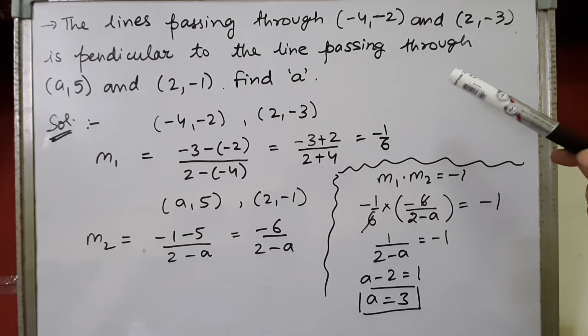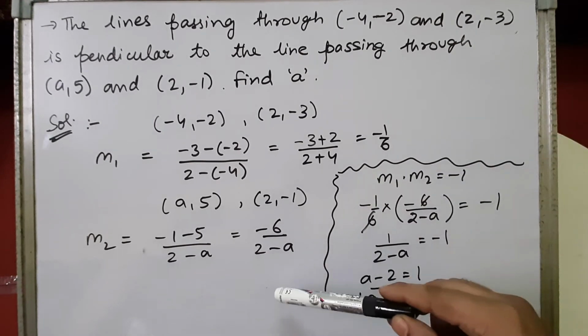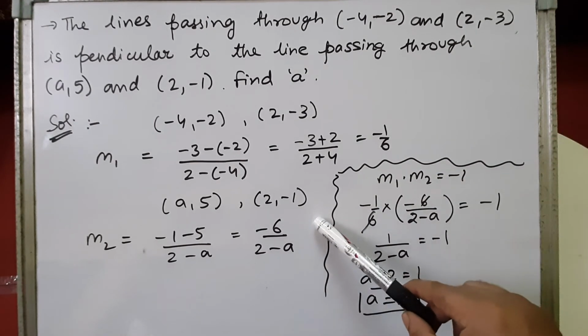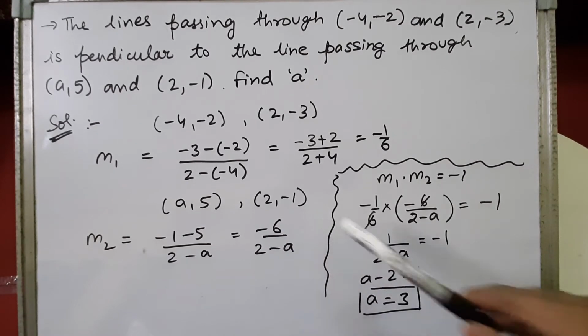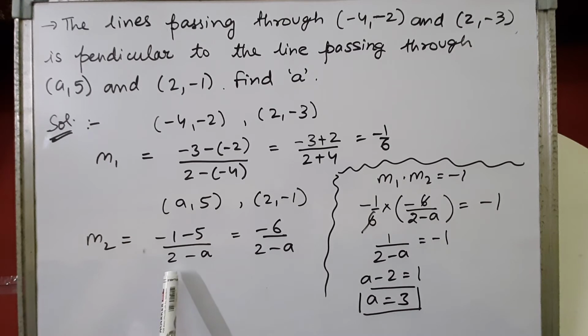Now let's find the slope of the other line. The coordinates of the other line are A, 5 and 2, minus 1. So when we apply the formula y2 minus y1 upon x2 minus x1, we'll get minus 1 minus 5 upon 2 minus A. So minus 1 minus 5 will become minus 6 upon 2 minus A. Right?